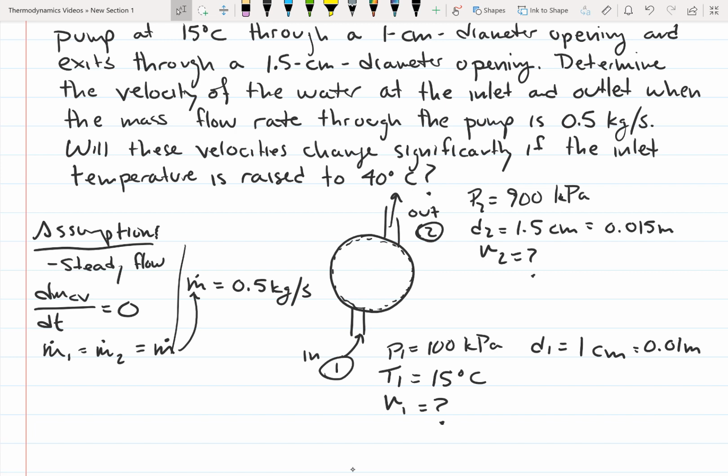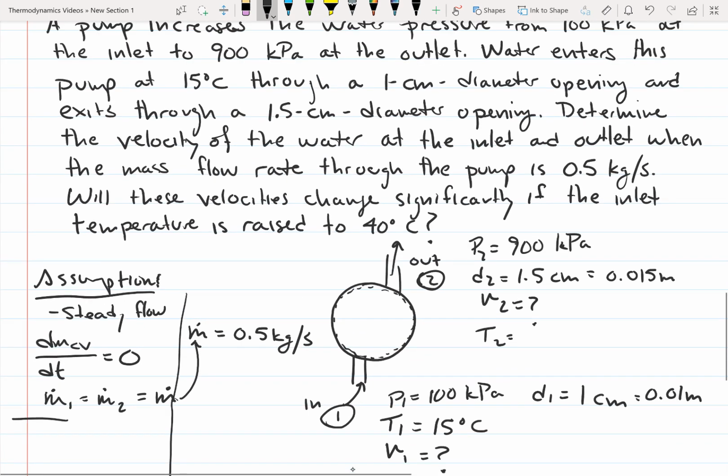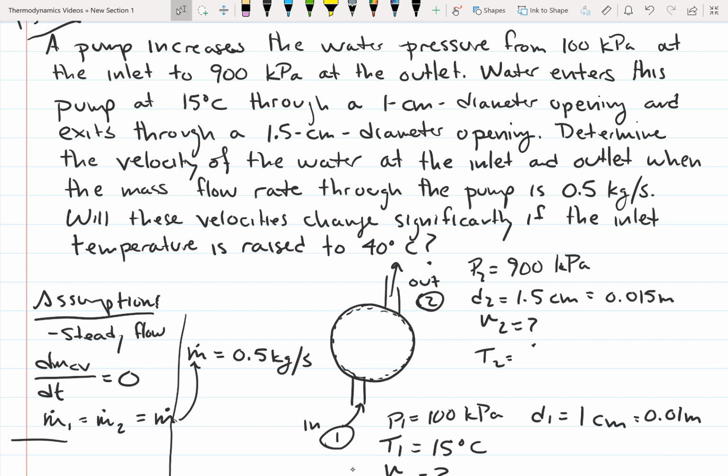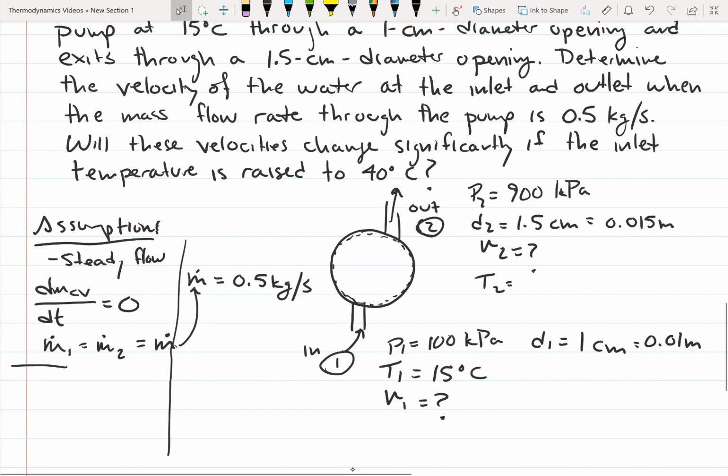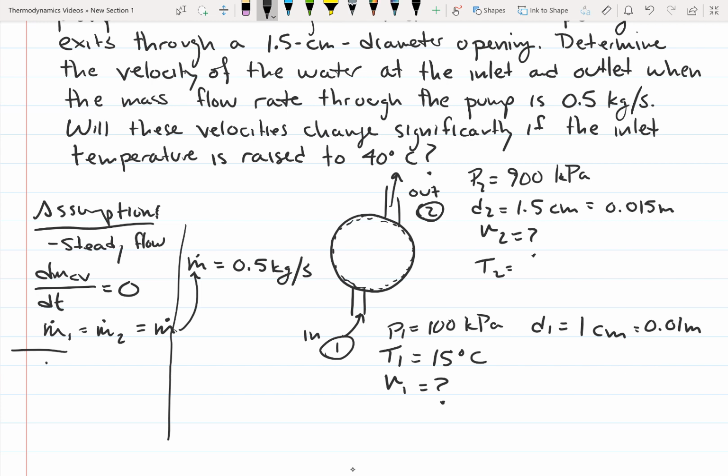We're not given the temperature at the outlet, but I'm going to make an assumption. There's nothing in the problem saying that heat is being added to the pump or being lost. So if we assume that this pump is frictionless, we can assume that T2 is approximately equal to T1.